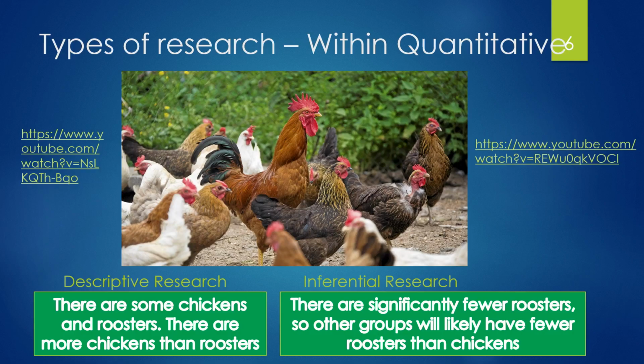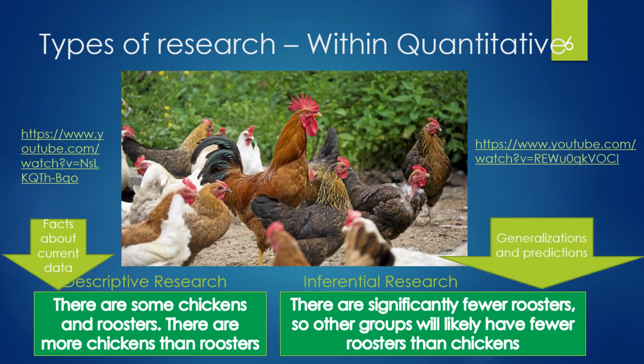So the difference here is that with the descriptive research, you're just learning about facts, whereas in the inferential research, we're trying to make generalizations and predictions. While descriptive research is useful, it's usually used as a basis for producing inferential research.